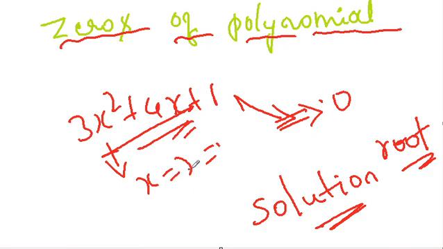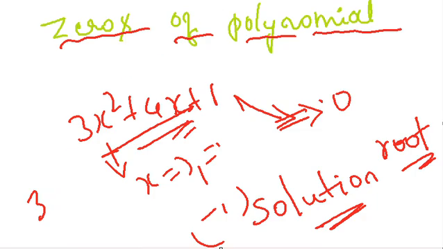Suppose you give x equals 1 here and see if the polynomial becomes 0 or not. 3 into 1, 3 ones are 3, plus 4 is 7, plus 1 is 8. 8 is not equal to 0. Suppose you give minus 1 and observe: minus 1 whole square is nothing but again 1 only. 3 ones are 3.